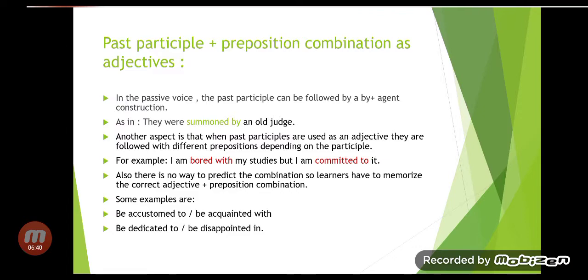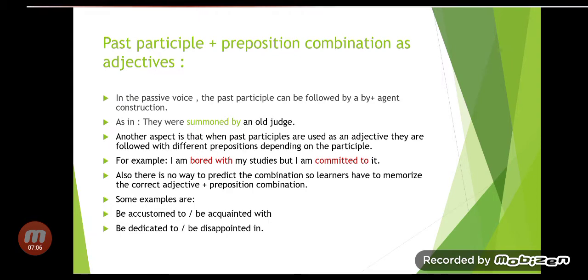Moving towards the other slide, which contains past participle plus preposition combination as adjectives. This is another important aspect that should be kept in mind while converting active and passive voices. In the passive voice, the past participle can be followed by a by plus agent construction.